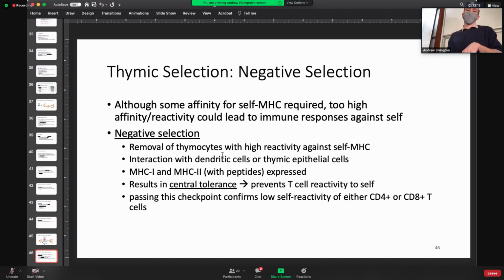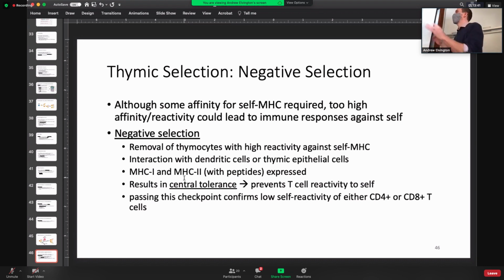This is achieved by interaction with dendritic cells or those same thymic epithelial cells. And what this ultimately results in is central tolerance. We will talk in an upcoming chapter about peripheral tolerance. But anytime you see tolerance, think the ability to not attack self.